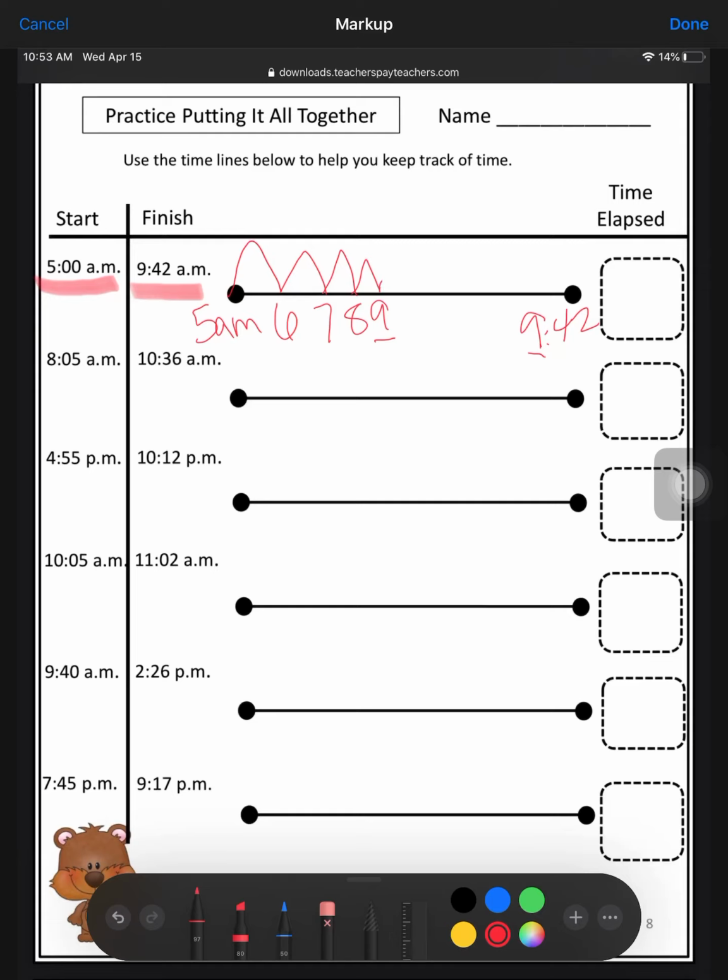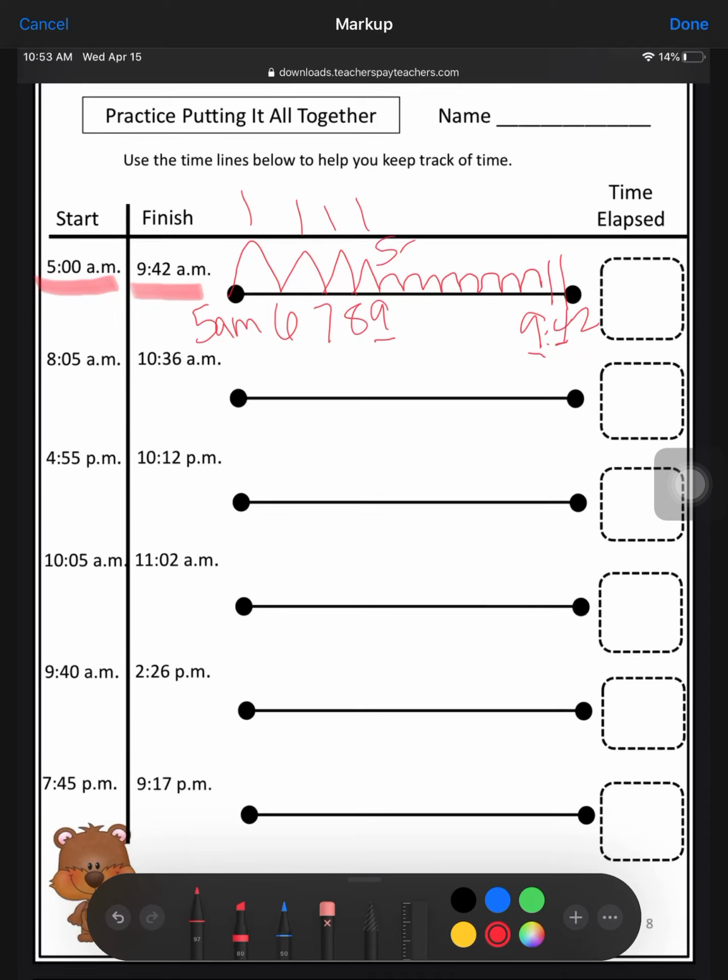9 o'clock, 9:05, 9:10, 9:15, 9:20, 9:25, 9:30, 9:35, 9:40. Now I'm at 9:40. I'm going to have to switch to counting by ones. 9:41, 9:42. So I have 1 hour, 1 hour, 1 hour, 1 hour. That's 4 hours.